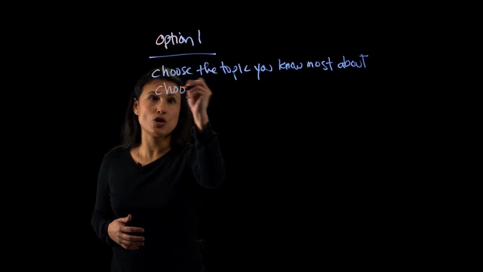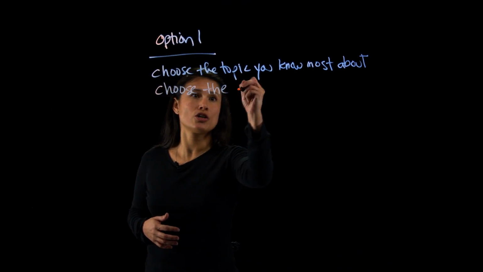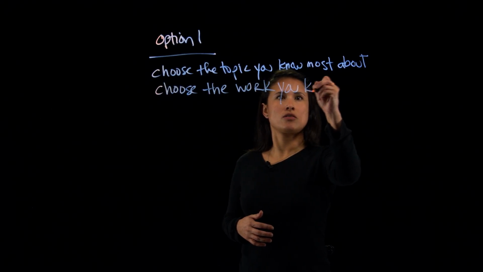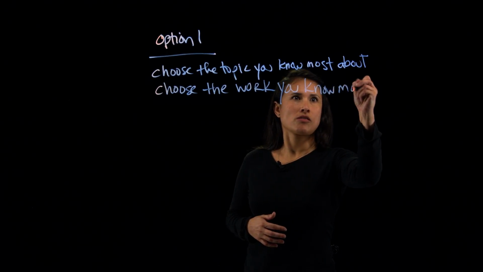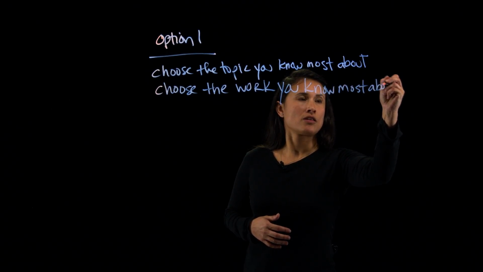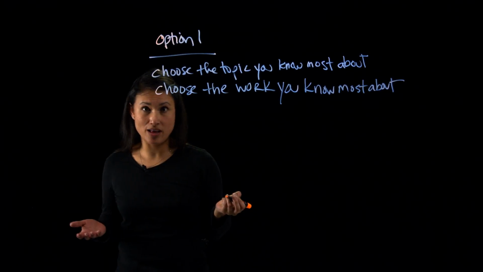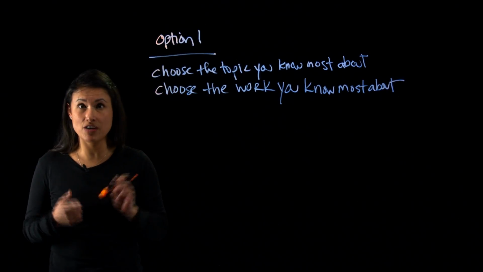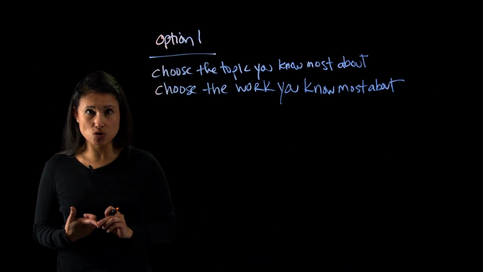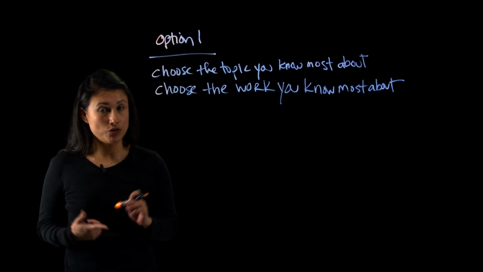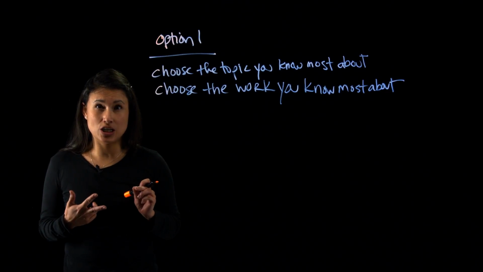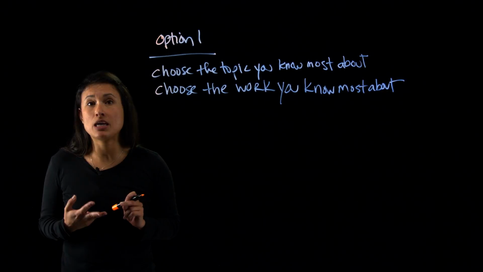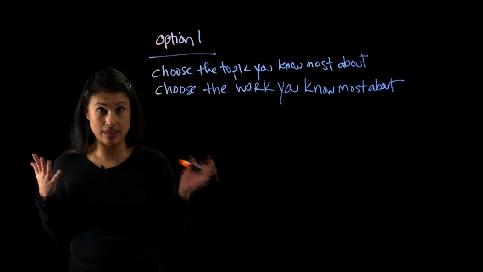And if you can also choose the work you know most about, that's a bonus as well, right? That's option one. You want to be able to speak very intelligently on a topic that you know about, whether it be a point of criticism or a particular element of a passage of literature. It could be theme, it could be anything.